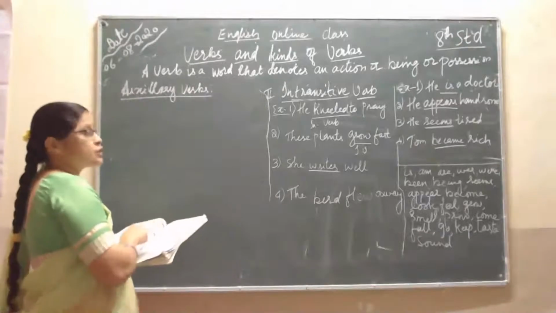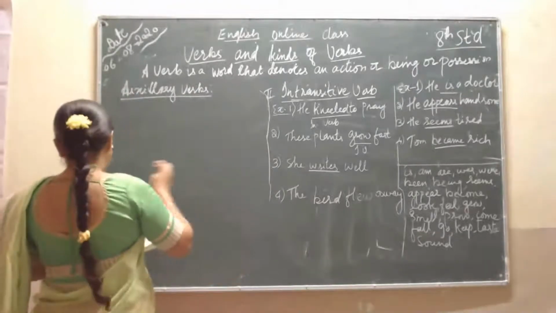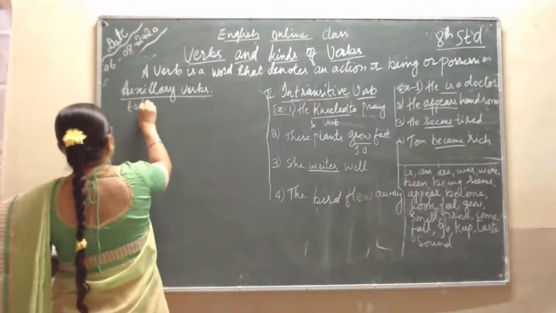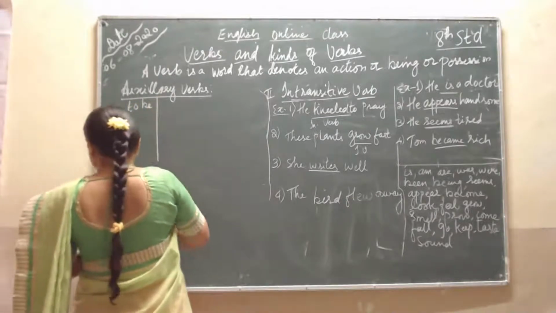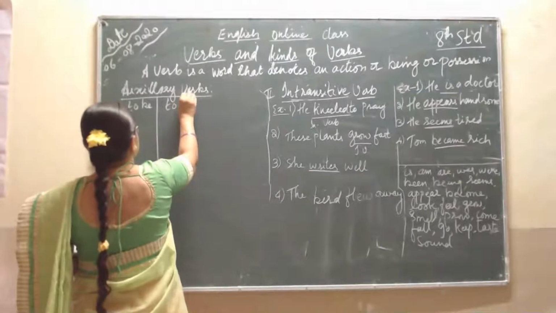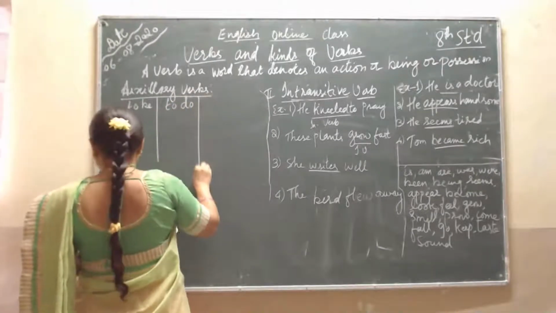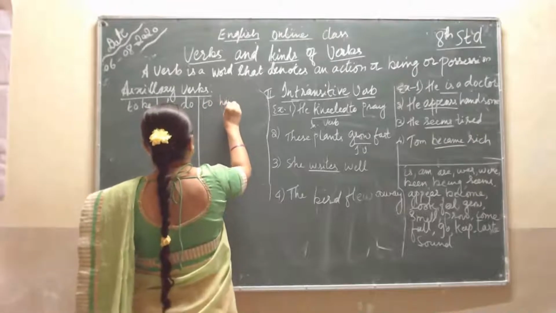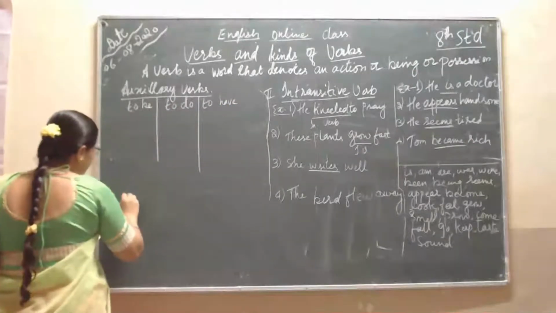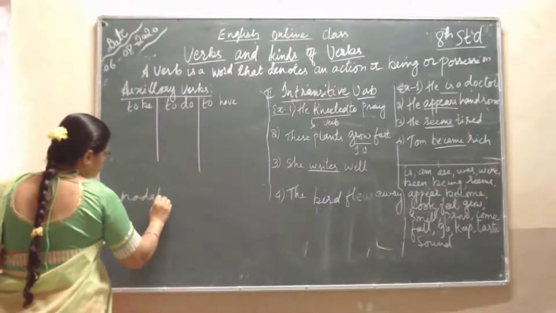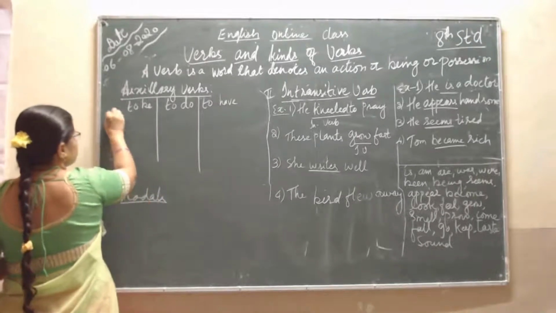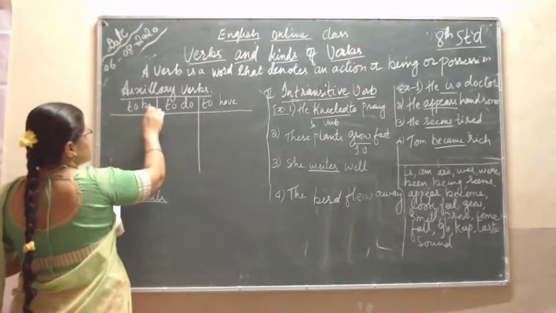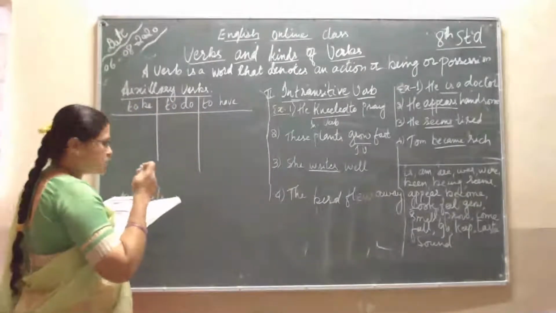Here the auxiliary verbs can be classified into to be verbs, then to do verbs, then to have, and last come the modals. So auxiliary verbs can be classified into to be, to do, to have, and the modals.